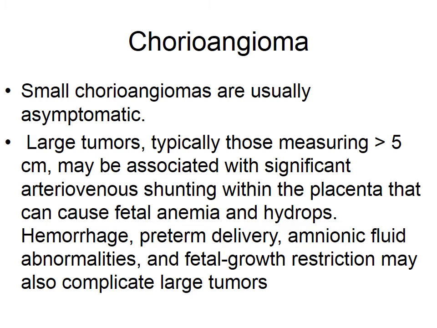Large tumors, typically those measuring more than 5 cm, may be associated with significant arteriovenous shunting within the placenta that can cause fetal anemia and hydrops. Hemorrhage, preterm delivery, amniotic fluid abnormalities, and fetal growth restriction may also complicate large tumors. Because of this, some have treated large tumors by interdicting excessive blood flow using vessel occlusion or ablation.